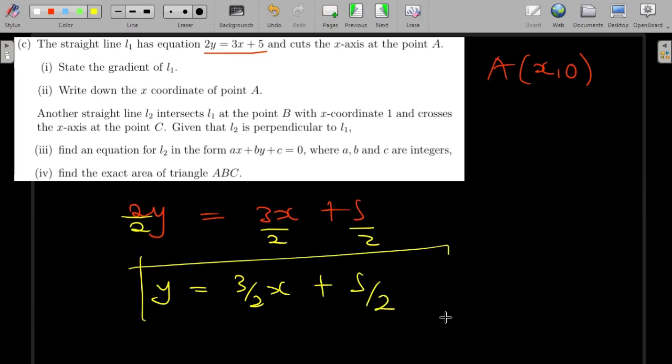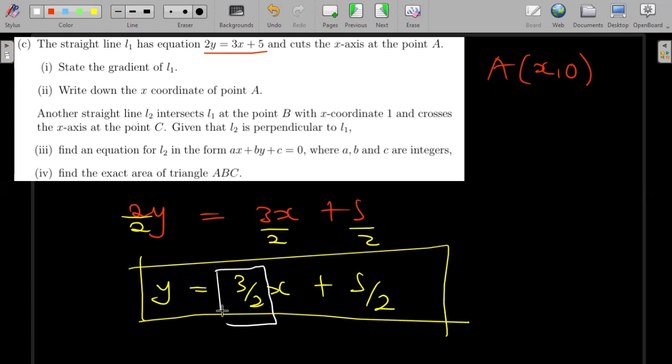So this here is the equation in standard form. If you have the equation in standard form, it means you can get your coefficient of x, that will be your gradient. So the gradient of L1 will just be M1 is equal to this guy that I've put in the box here. So it will be 3 over 2. Right, so that's the gradient of L1.